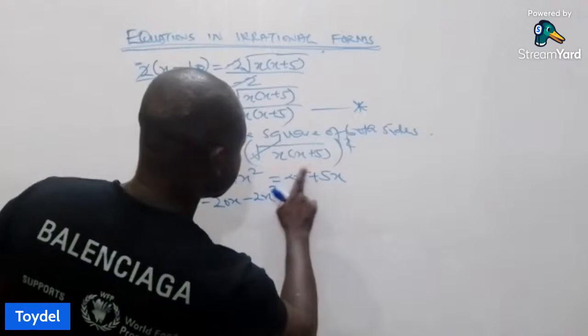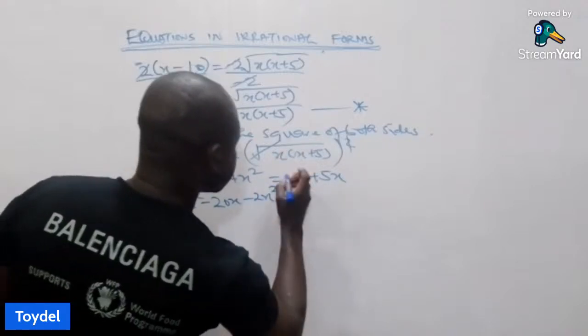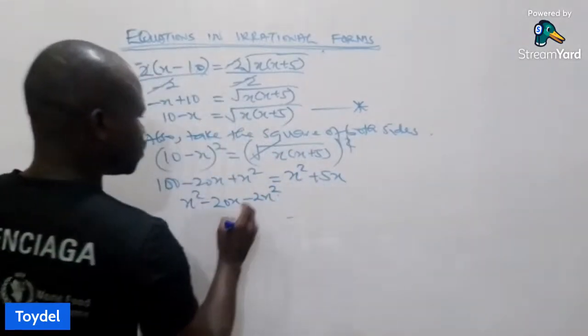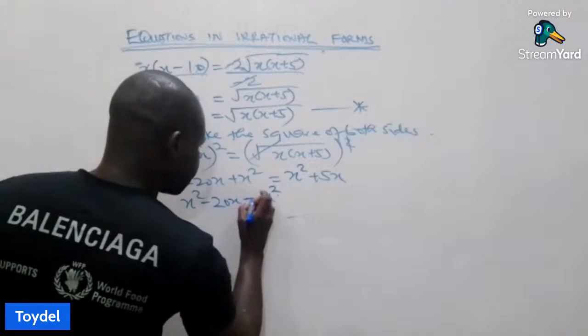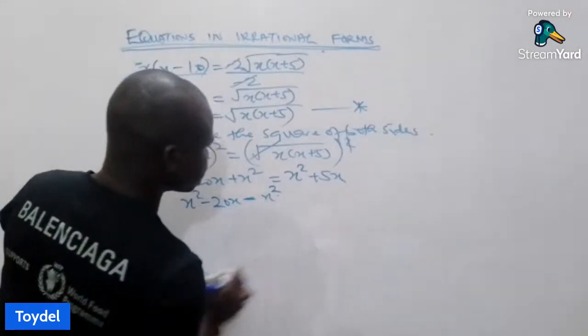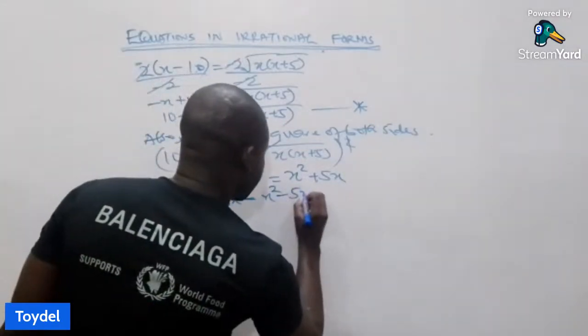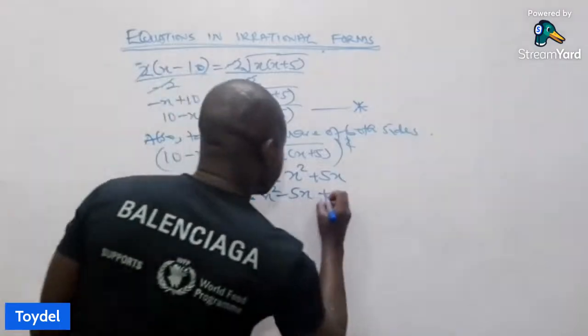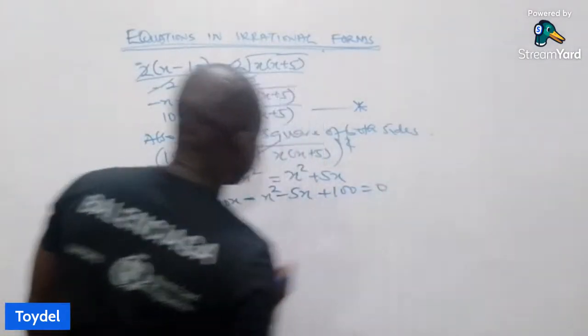No, this is x squared. What am I talking about? x times x is x squared. So I can have minus x squared minus 5x, then plus 100 is equal to 0.